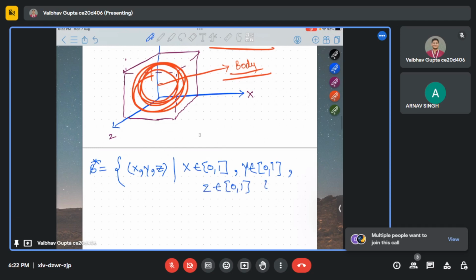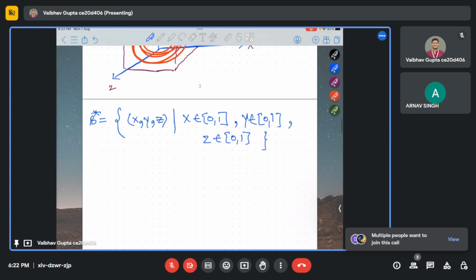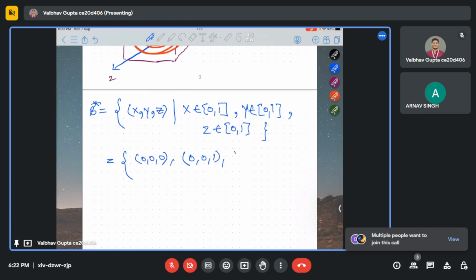Here there are not n number of particles. It's a set of particles. Just like (0, 0, 0), where X takes value 0, Y takes value 0, Z takes value 0, then (0, 0, 1), (0, 1, 0), (1, 0, 0), then 1.